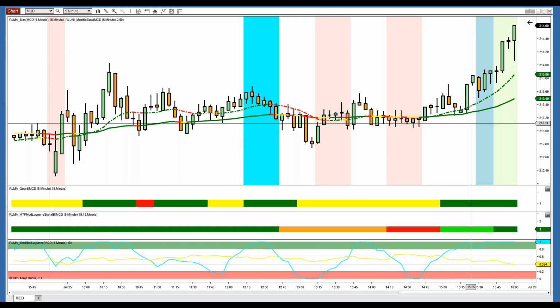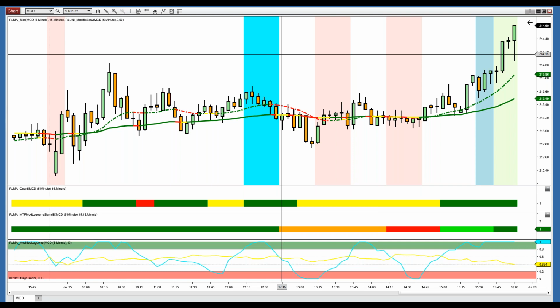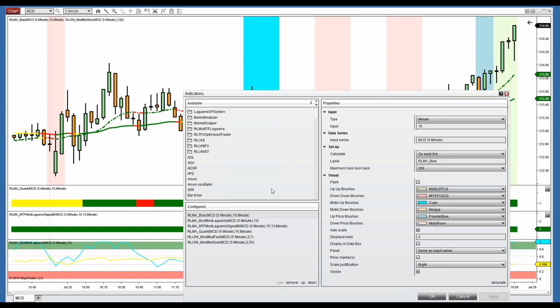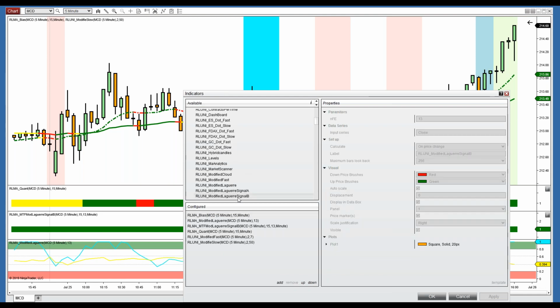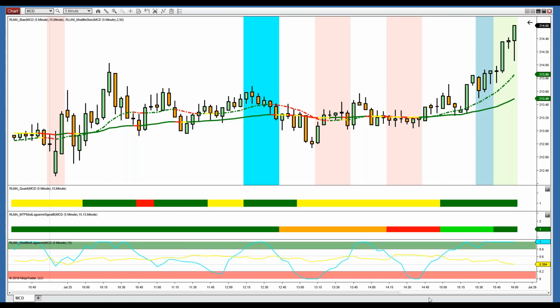Now, there's also one other indicator that is not here, and I'm sorry, let me put it in. Let's look here, signal B. Add it.